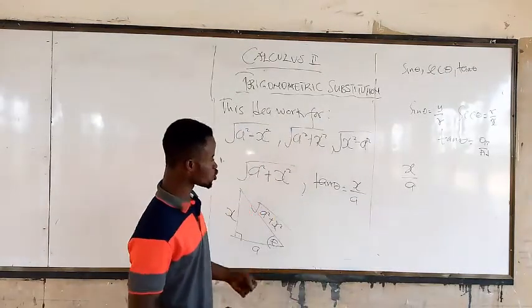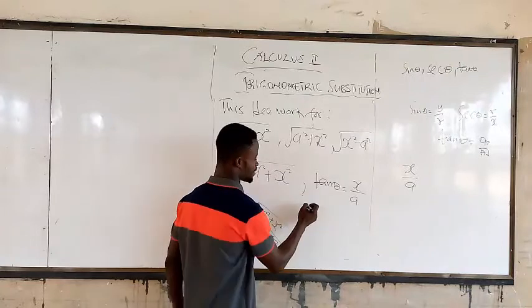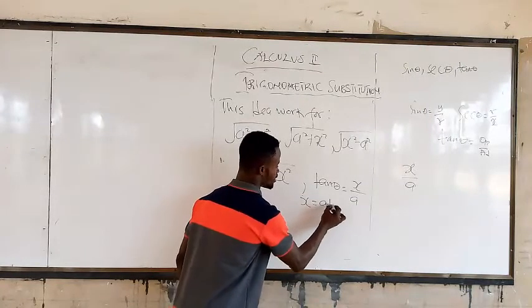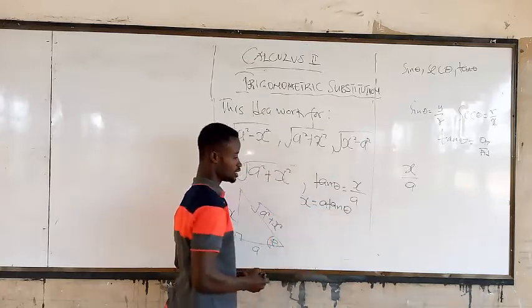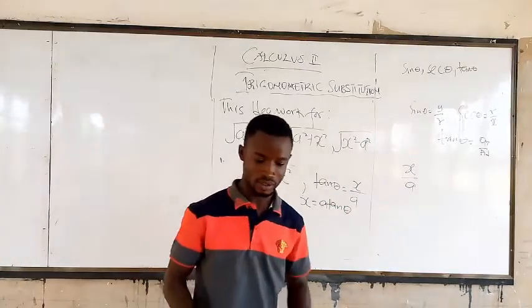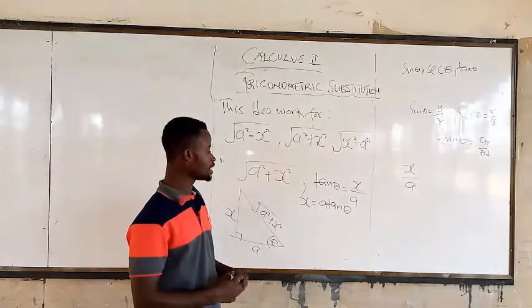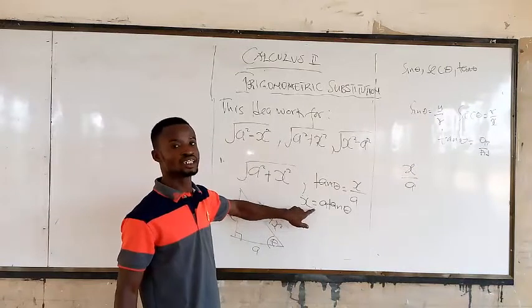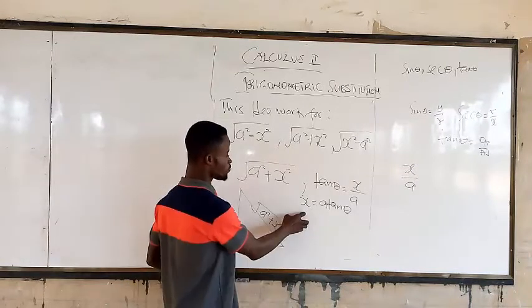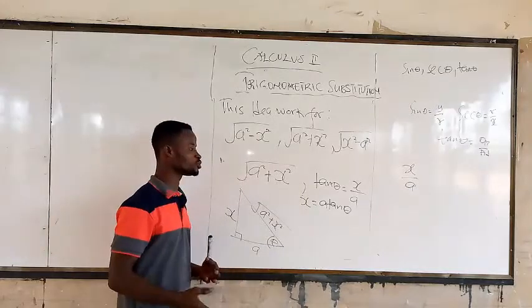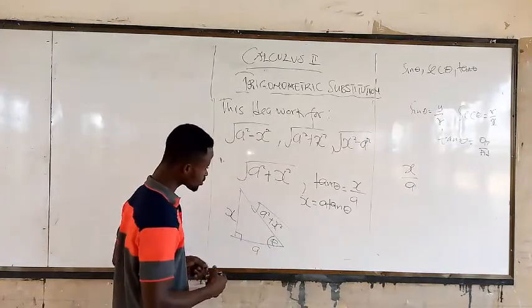Then the next thing to do is to make x the subject. So you get x equal to a tan theta. There is also a need for you to differentiate this, because you transform it into the integral function. We will get there when we are solving questions.